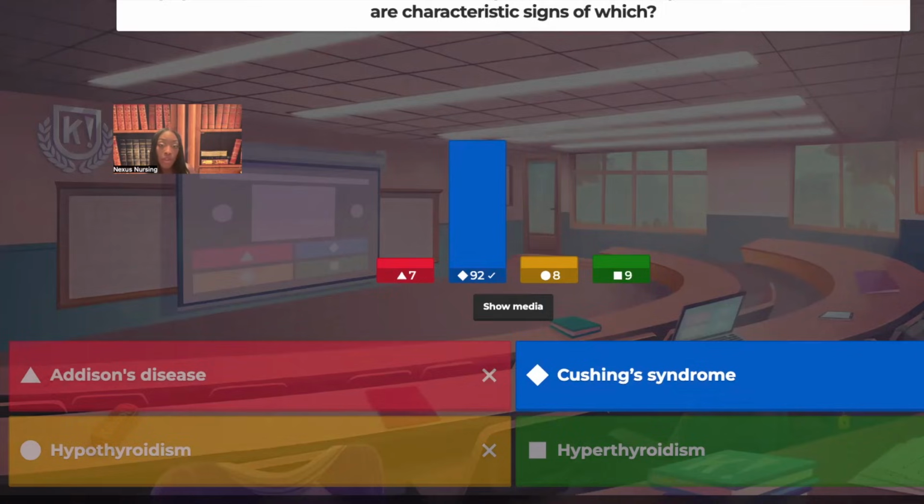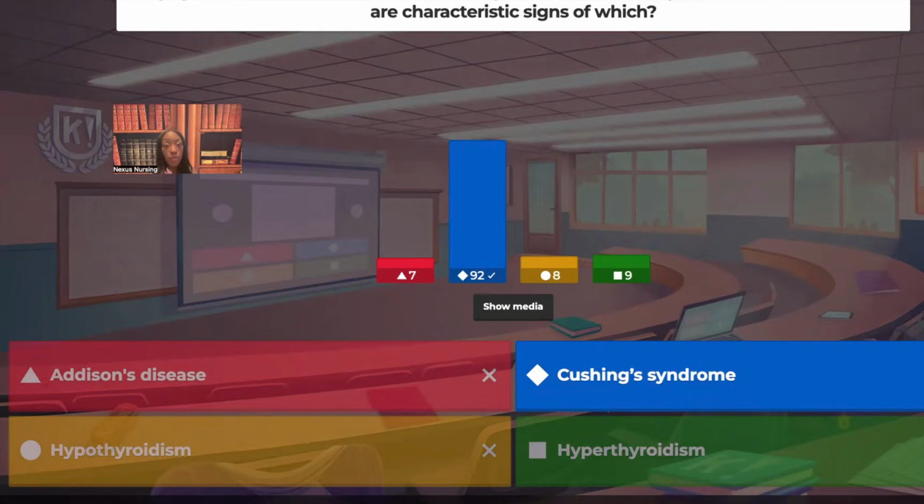If he's a male, he'll have the male boobs. And hirsutism, where if she's female, she'll have the beard or the mustache, the facial hair. Men and women will have decreased libido. They tend to have depression. Wouldn't you be depressed if you had all these symptoms, right? So make sure you know the classic signs and symptoms of Cushing's disease.